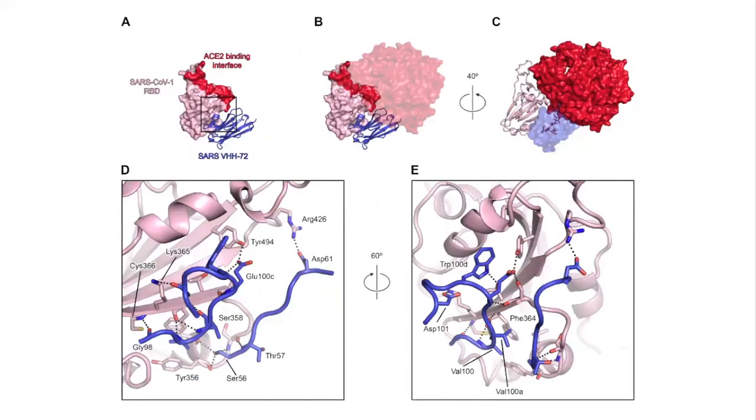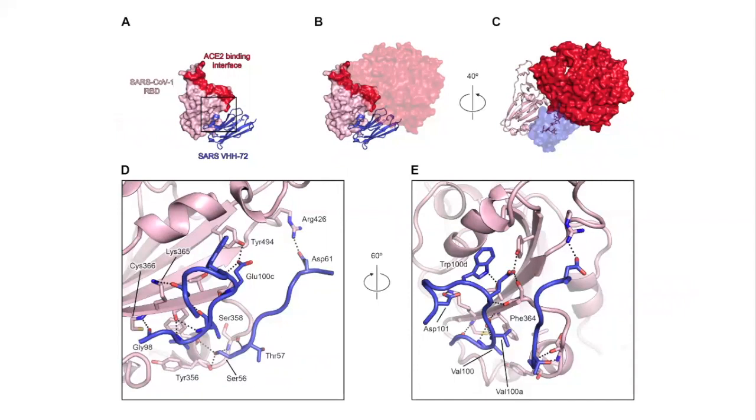With the MERS structure resolved, the crystal structure of SARS1 RBD and SARS VHH72 was investigated. It was determined that CDR2 and 3 bear significant areas of the binding interface, but the epitope does not overlap with the ACE2 footprint on the SARS1 RBD, as can be seen in Figure A. This shows that the ACE2 receptor clashes with the antibody's framework, as can be seen in Figure B and C. Further, ACE2 has an N-glycan modification at asparagine 322 that clashes with VHH72 when ACE2 and SARS1 RBD are bound.